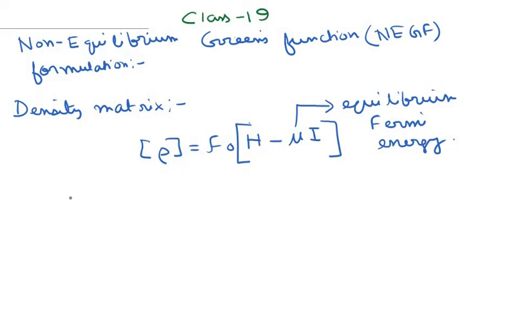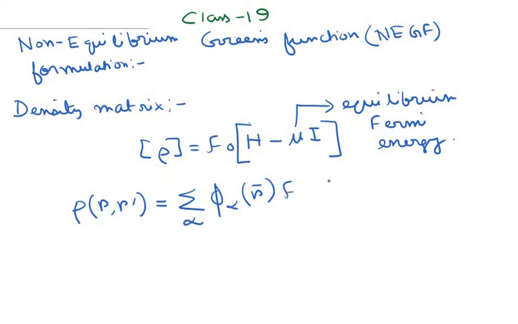So I'll just write the result: if we convert it into a space basis, we get the density matrix in space basis as rho(r, r dash), which is equal to the summation over alpha of phi alpha(r) f0(epsilon alpha minus mu) phi alpha star, the complex conjugate of phi alpha(r dash), where phi alpha is the wave function corresponding to the eigenstate alpha.